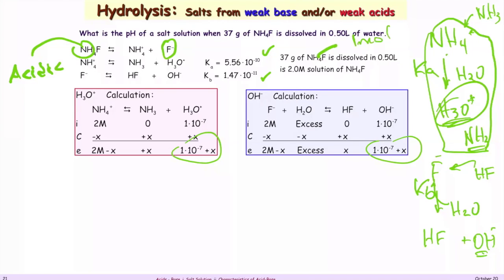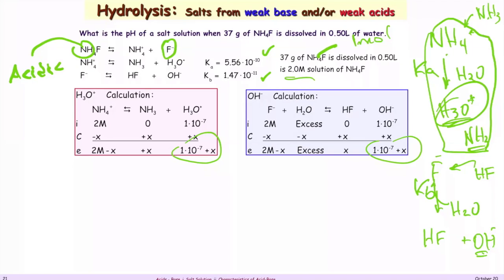The molar mass of ammonium fluoride is 19 from fluorine, 14 from nitrogen plus 4, that's 37. So if you have 1 mole in 0.5 liter, that's a 2 molar solution.